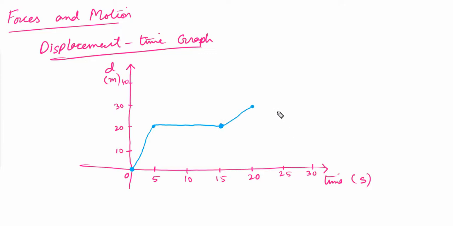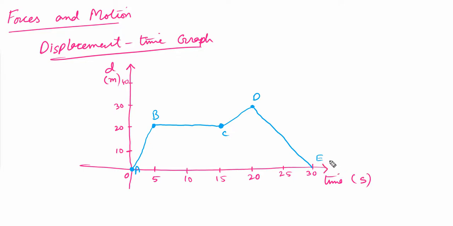And in the last 10 seconds it has come back to the same position from where it started. So this is the graph for the motion of an object. So I'll just point out these different points. I'll call this point A, this is B, this is C, this is D, and this is E over here.